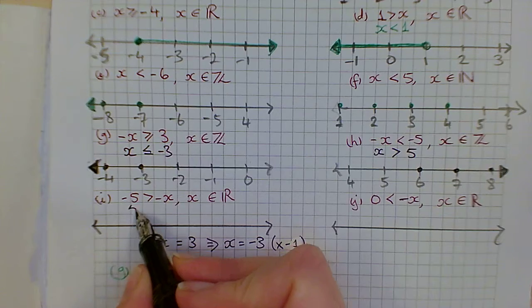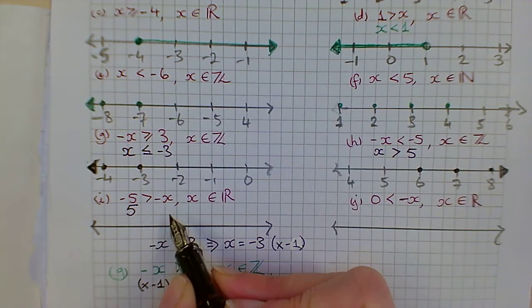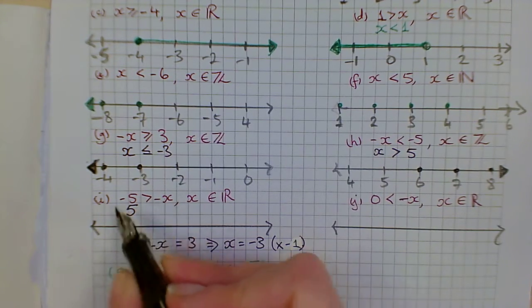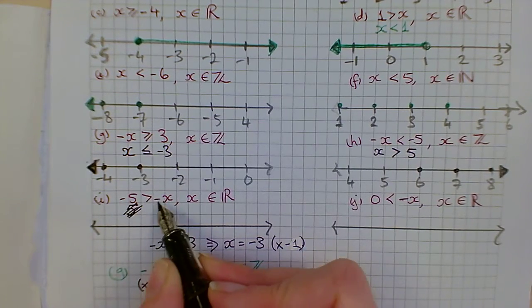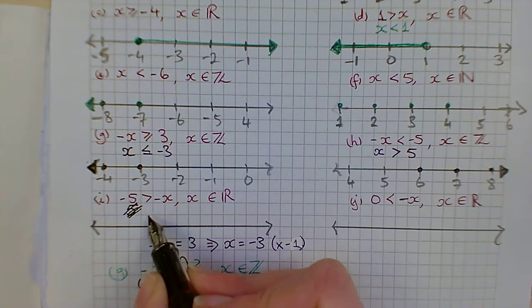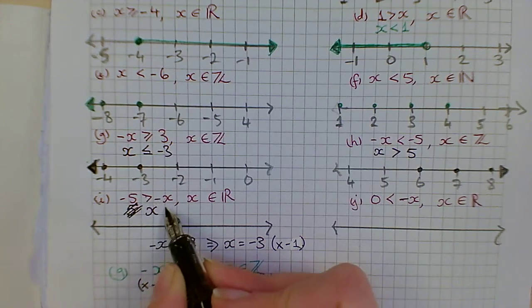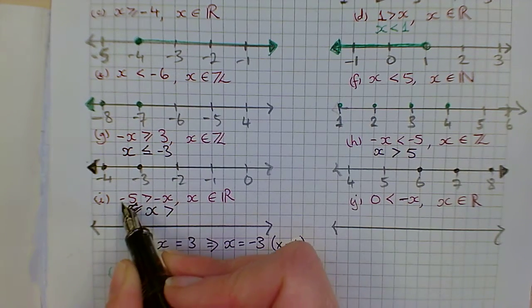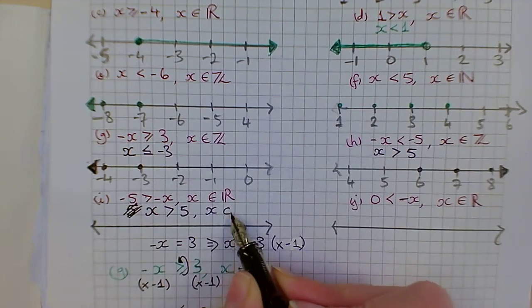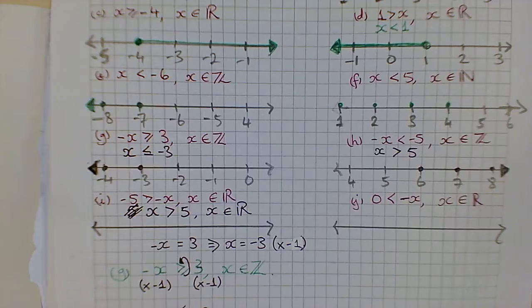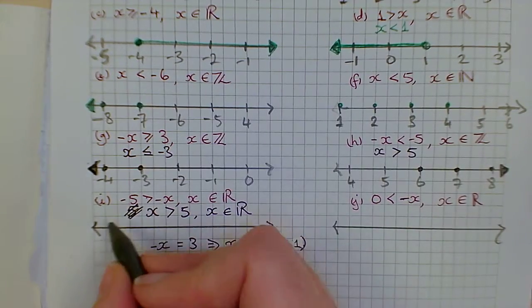So again, I'm changing this one to a plus 5. Well, actually, in this case, my x is on the wrong side anyway. So what I probably would do with this is bring my minus x over and make it plus x, leave my inequality as it is. I bring my minus 5 over here and it becomes plus 5. But this time, it is real numbers. So I'm looking for numbers bigger than 5.